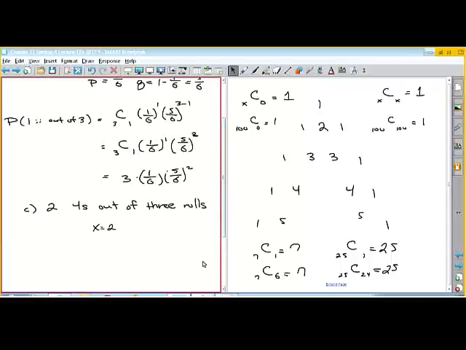Okay, so let's look at the next one. How about if you get 2 4s? So I'm going to put my little 4 dots again. So x, the number of successes, is 2, and the number of trials is still 3. The probability of success is still 1/6, and it's the same for the probability of failure.